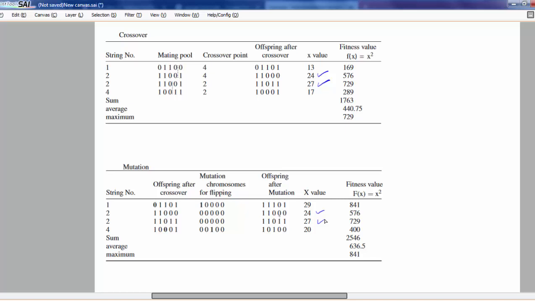There's no flipping, no mutation on these, which is why we represent them as all zeros. There's no change in any bits of this chromosome. This and this will stay the same, so this will be mapped directly to this one, and this will be mapped directly to this one. This is why no bit needs to be flipped.